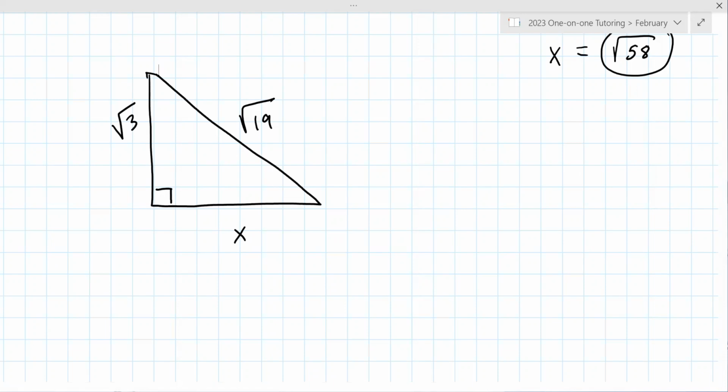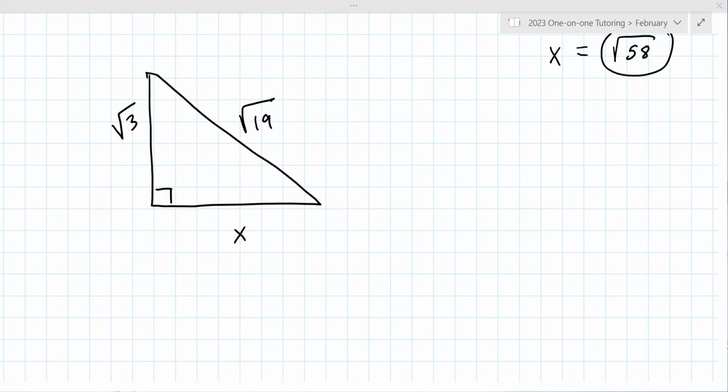How are you doing on this one, Sourish? Doing okay. So we have 3 squared is 9.